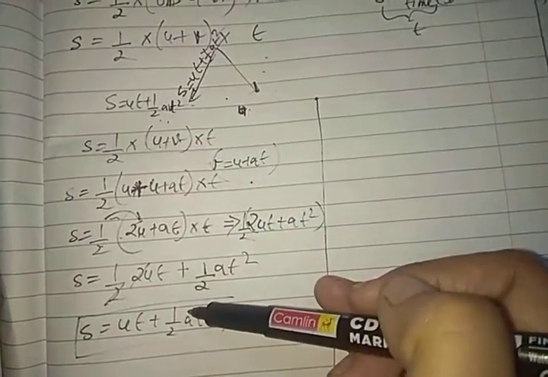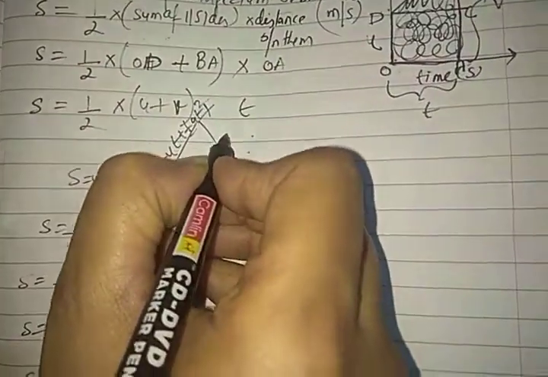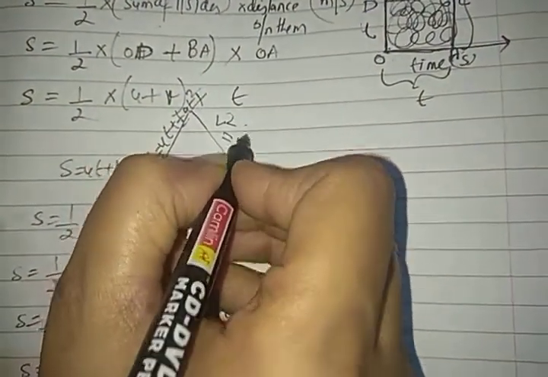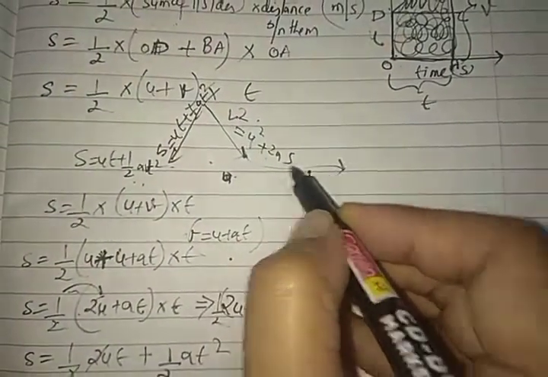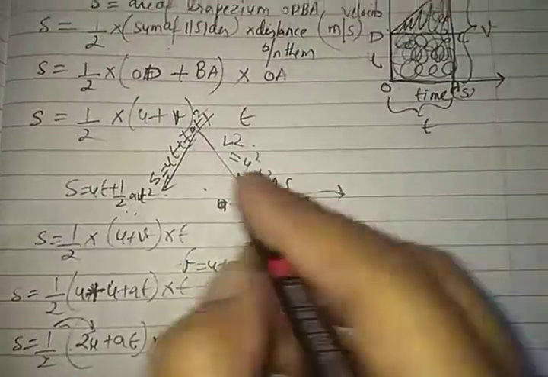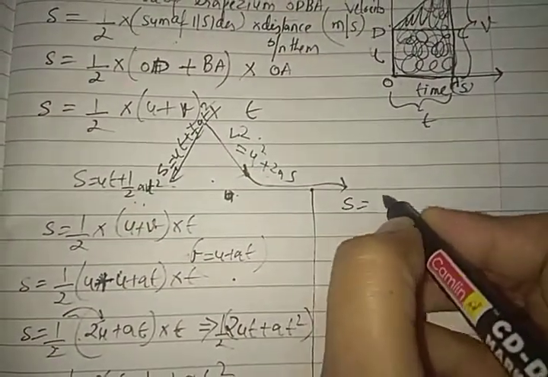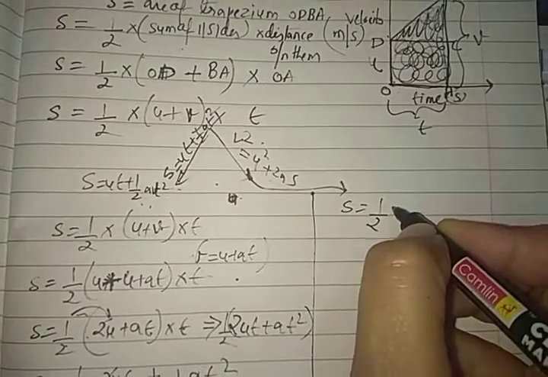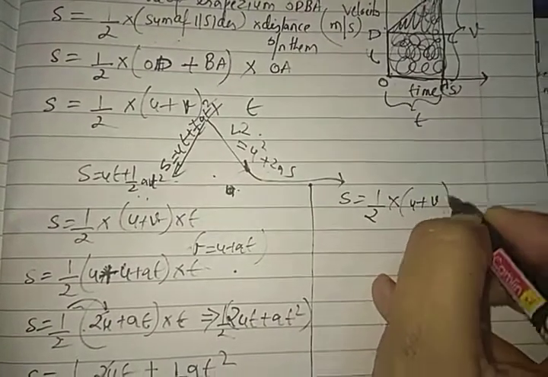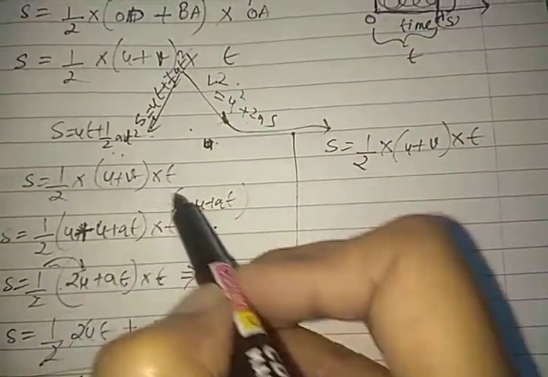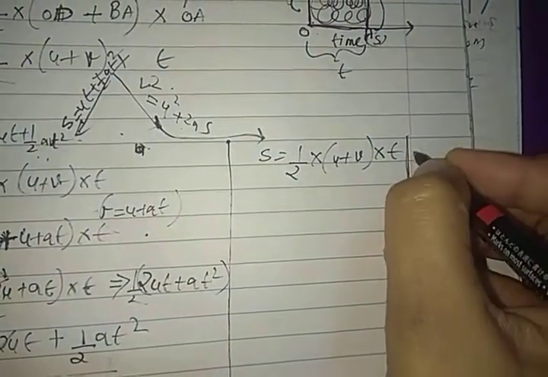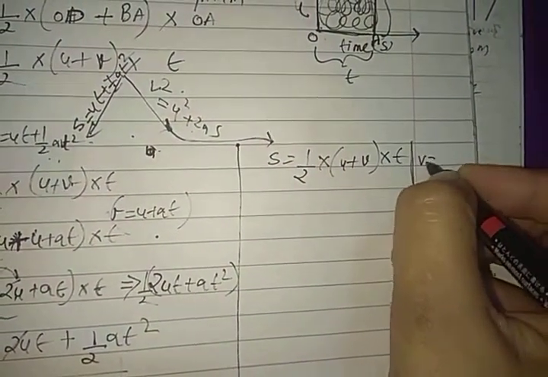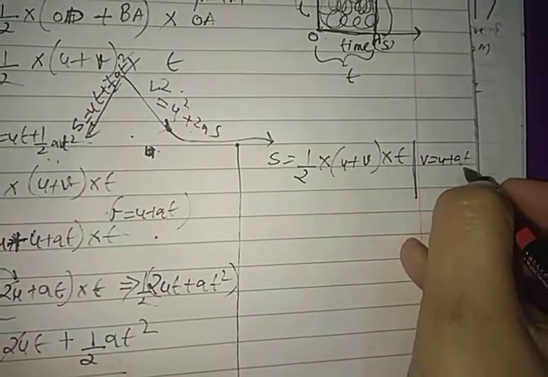Now when you have to derive v square = u square + 2as, you will do it in this way. What we got in the end was s is equal to half into u plus v into t. There we applied v = u + at, and here we will find the value of t.